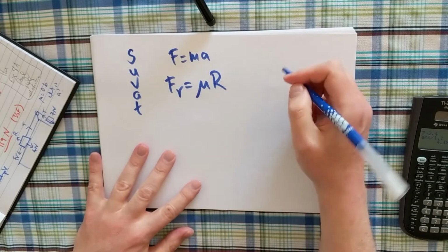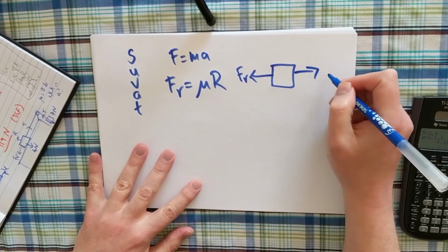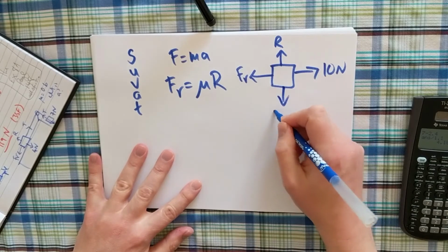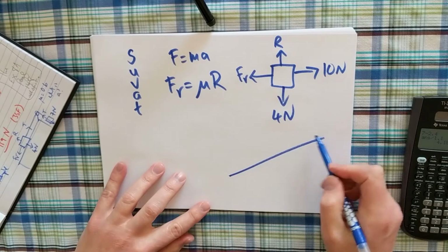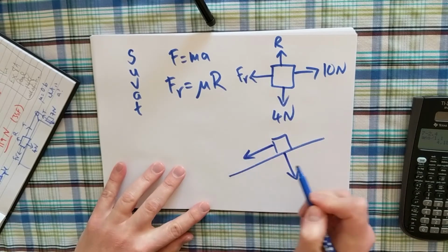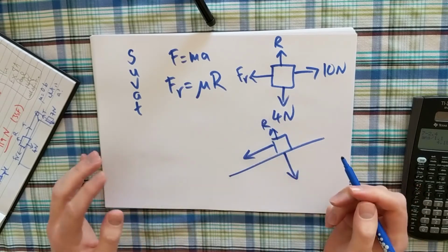Don't forget about that. It's all about friction going that way, something going that way, maybe that's 10 newtons. We have a normal reaction force that's going this way, and we have a weight that's going this way. And if it's on a slope, you have to break the weight down. You have to make sure that you include the things which are going that way and going this way if it's on a slope, because that can make a difference to the normal reaction force.